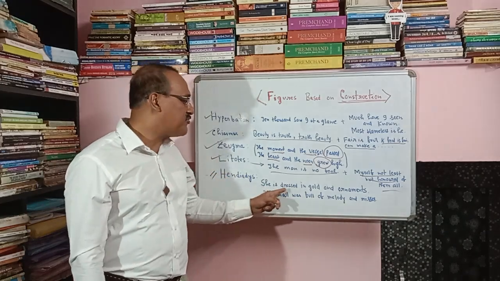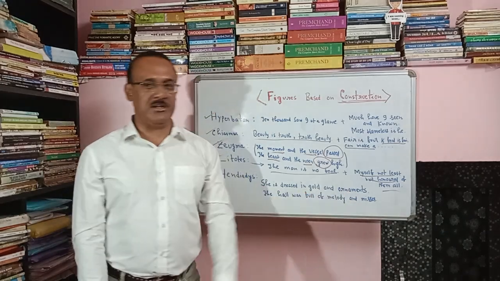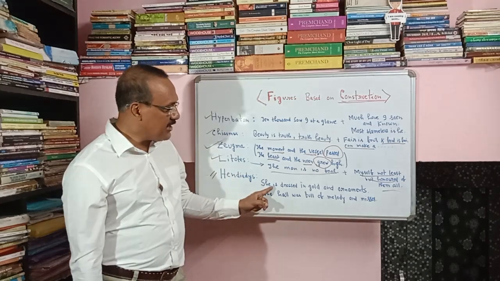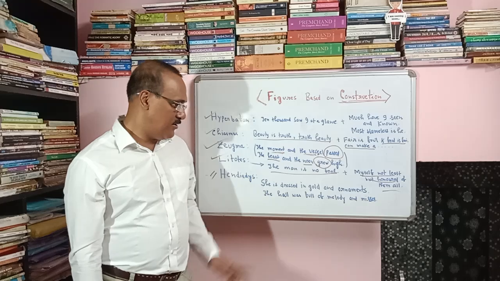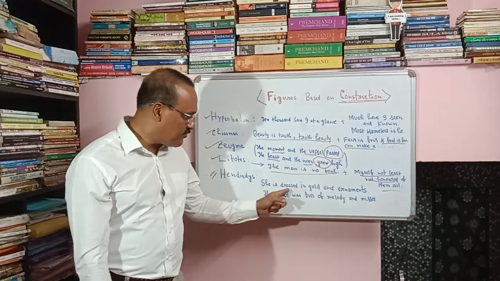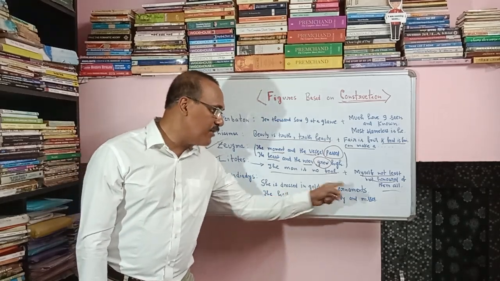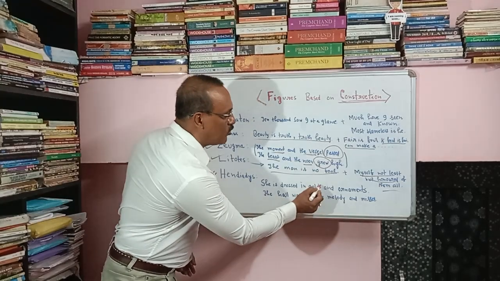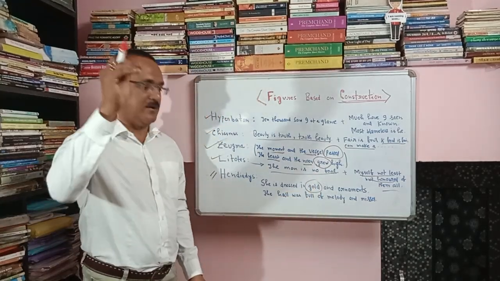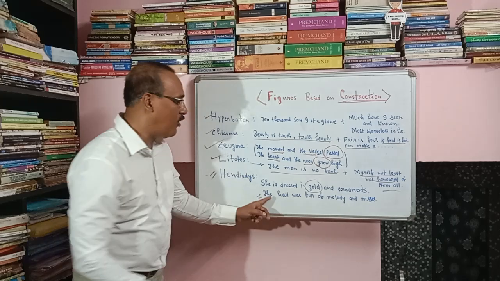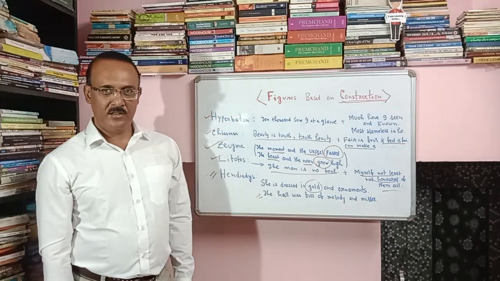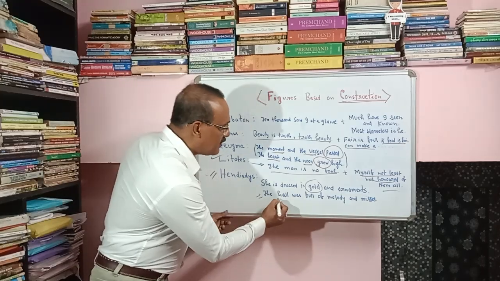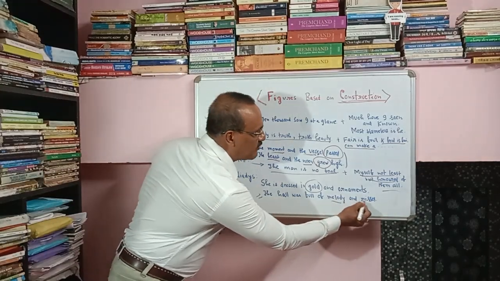Hendiadys. "She is dressed in gold and ornament." What does it mean? She is dressed in golden ornament. So the noun gold becomes golden. Then comes "The hall was full of melody and mirth."